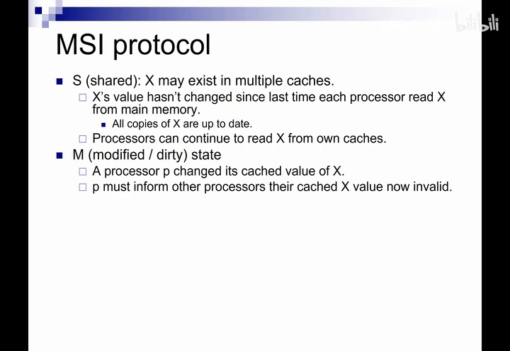Next, the modified state, which is also called the dirty state. What this means is that a processor, let's say P, has changed its cached value of this variable X. So X has been modified by P, and now X is dirty. Because P modified X, it has to tell all of the other processors that their currently cached value of X is now out of date and therefore invalid.